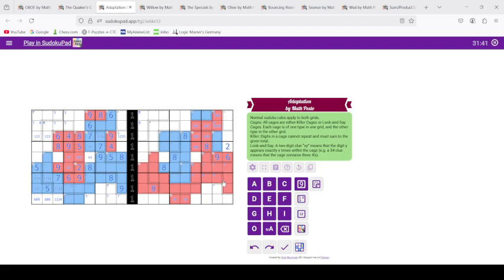Woof. Woof, it says. This could still be a 7, 4 or a 6, 5. This is not a 4, it's a 1, that's a 4.